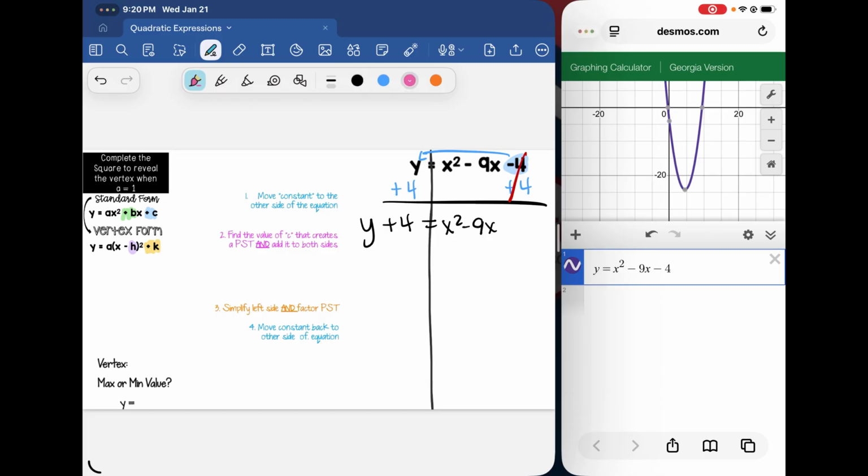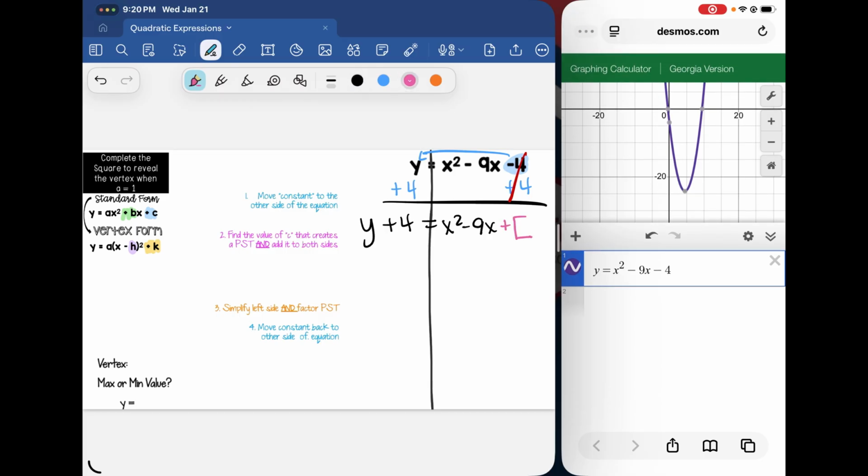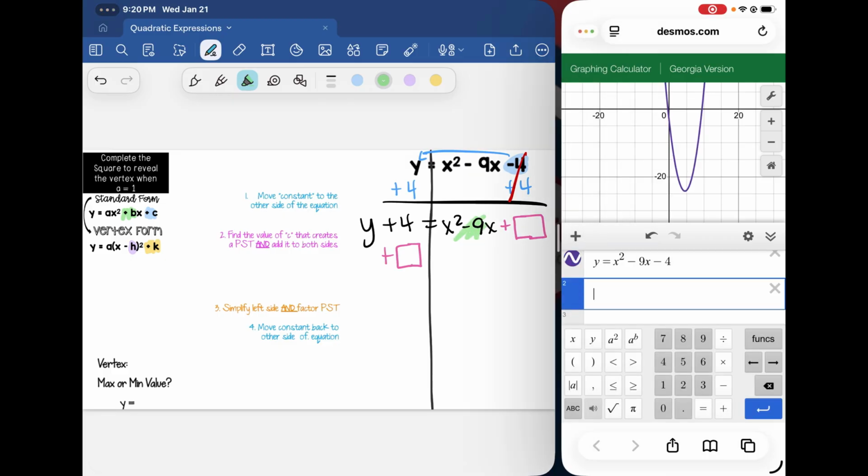And now I get to find the value of c that is going to complete my square. And I'm just adding my box on both sides. How do we do that? Half of my b value. What is half of negative 9? Negative 4.5.